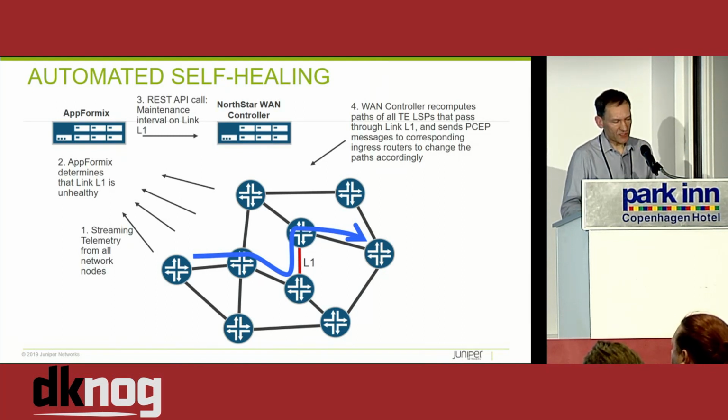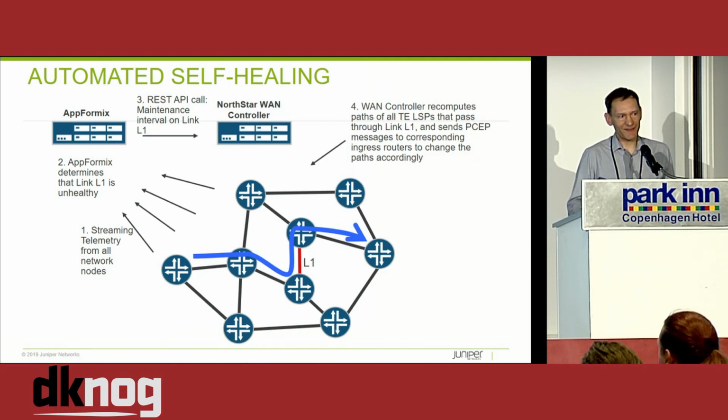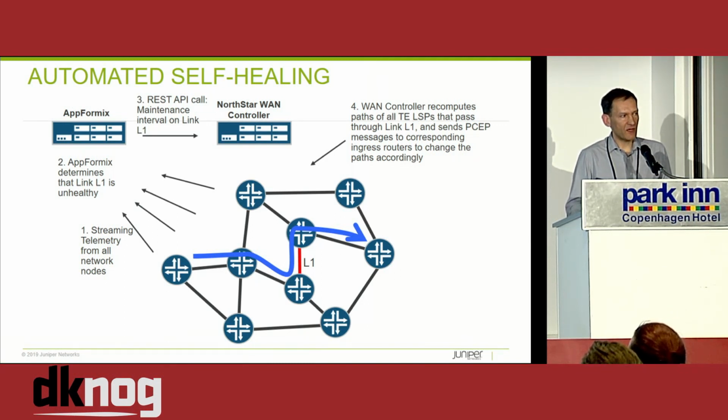Now, another interesting example, in this theme of automation and self-driving, is automated network self-healing. If you've got a sizable network, sometimes you can encounter so-called grey failures, and these are especially dangerous because a grey failure, as its name suggests, isn't black and white. It's something in between. Something is sort of broken, but it's still sort of working.